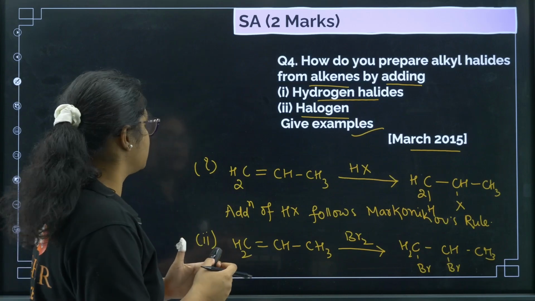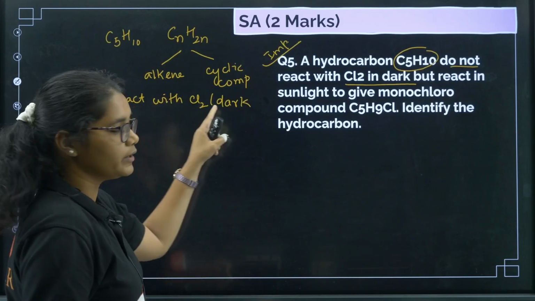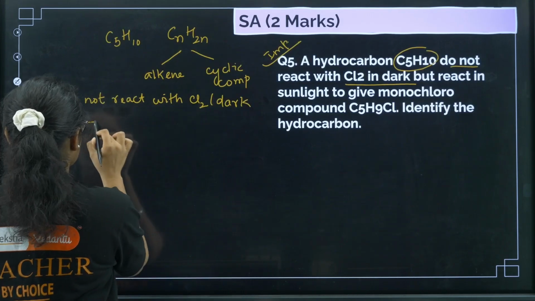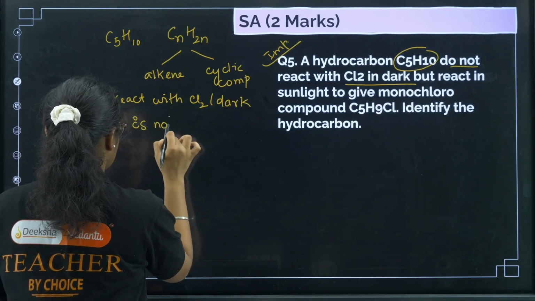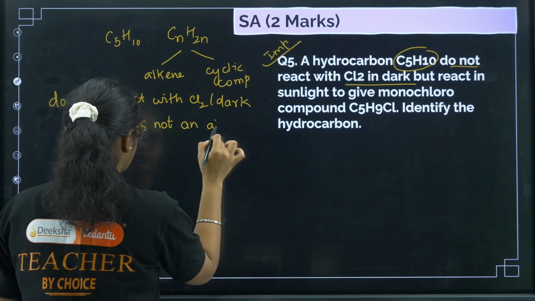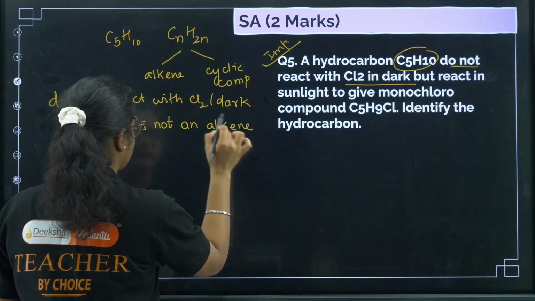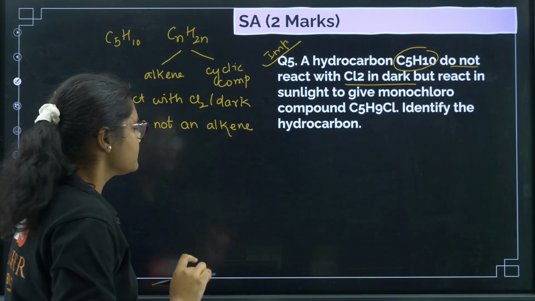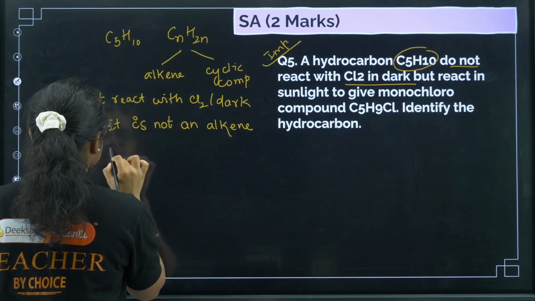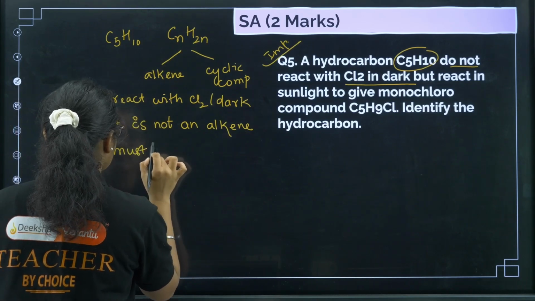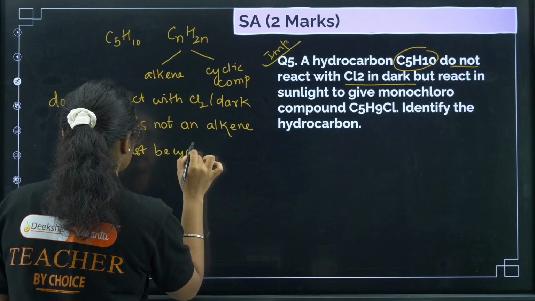So if it is not reacting with chlorine in dark, that implies what? It is not an alkene, because if it would have been an alkene, it will definitely react with chlorine. Next, so we can say that what is the possibility? That this must be a cyclic compound.